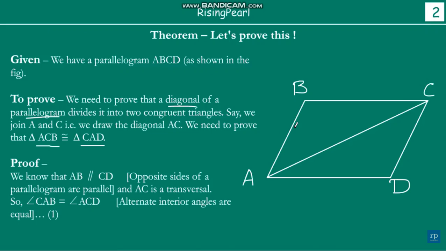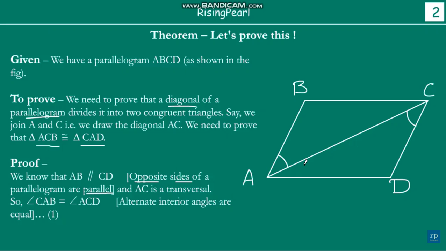We know that AB is parallel to CD, because the opposite sides of a parallelogram are parallel. And AC is a transversal. When AB is parallel to CD and AC is a transversal, then angle A and angle C, these two angles, are equal because they are alternate interior angles.